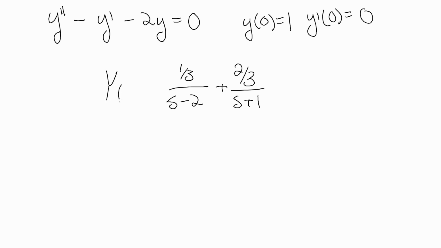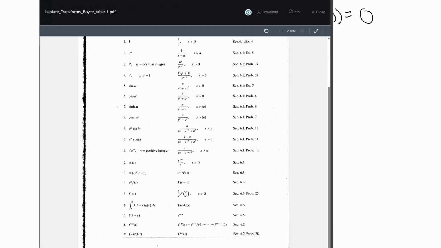remember, this was equal to y of s. Let's go back to the table that shows all of our identities, and if you'll notice, look at the transformation, the s for row number 2 here.